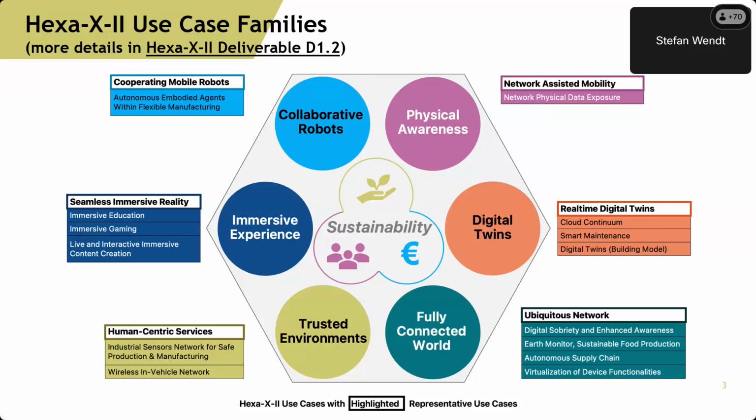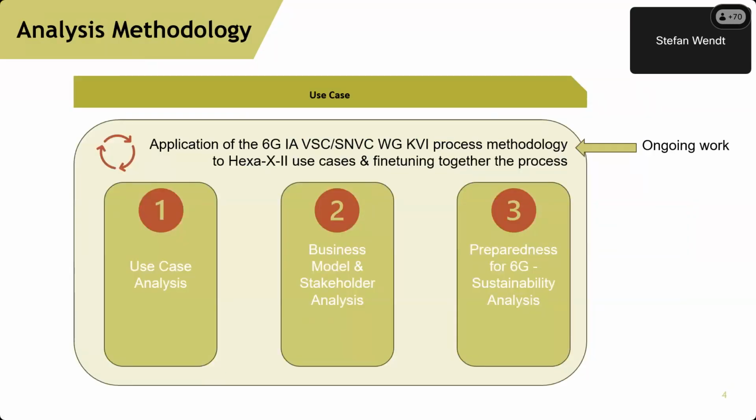So now, if you come from the use case, we have so far done work on the use case analysis, business model and stakeholder analysis, and preparedness for 6G. That's a kind of check if we can meet our social sustainability requirements and what to do if not.